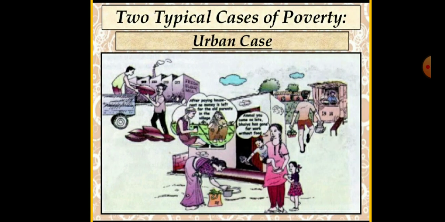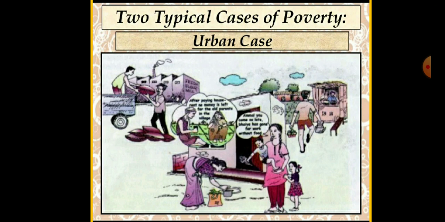We can discuss this poverty in urban and in rural areas. Not all people who live in the city are rich and not all people who live in rural areas are poor. Poverty exists in both urban and rural areas. So we will learn two different cases of poverty conditions, in urban and in rural.